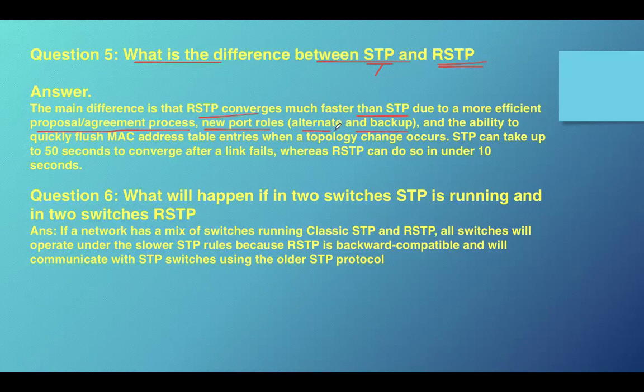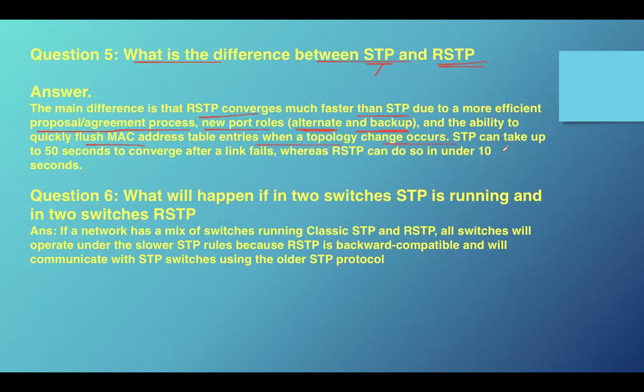So discarding means alternate and backup. This alternate and backup is similar to STP, but instead of blocking that port, there would be an alternate port, or we can call it a backup port. And there is the ability to quickly flush MAC address table entries when a topology change occurs.